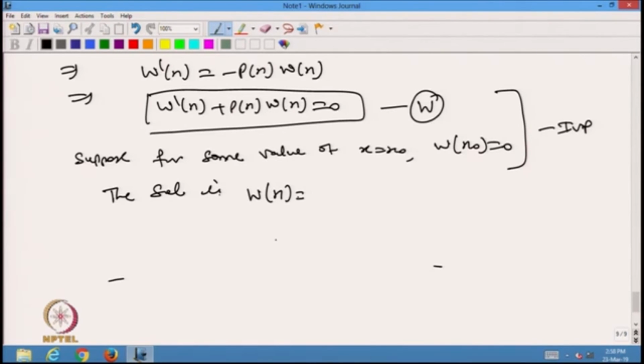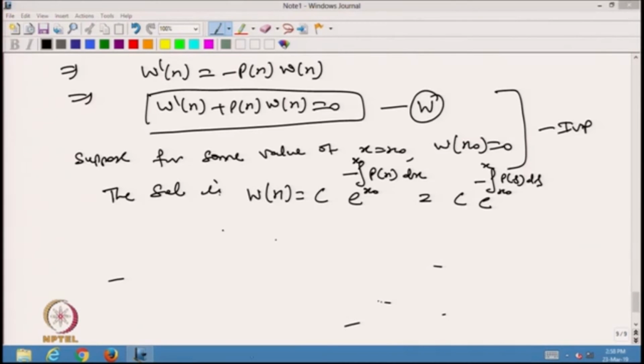So my solution in this case will be C e raised to the power minus integral of p x dx. We have solved this starting from x naught to x, or sometimes we also write it like this, x naught to x p of s ds.